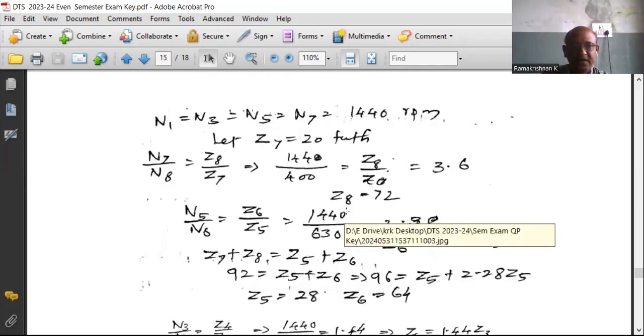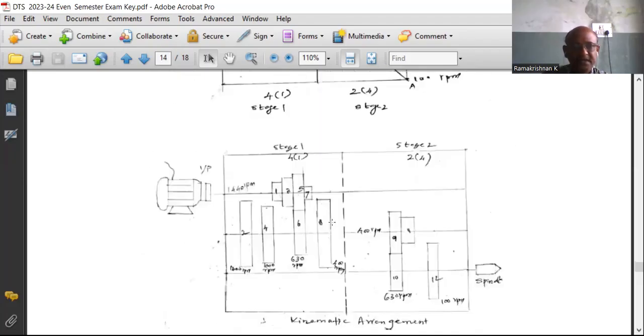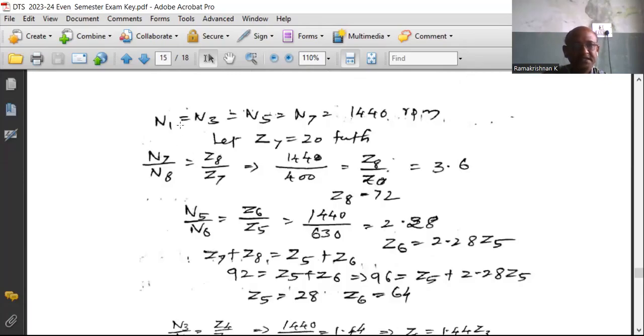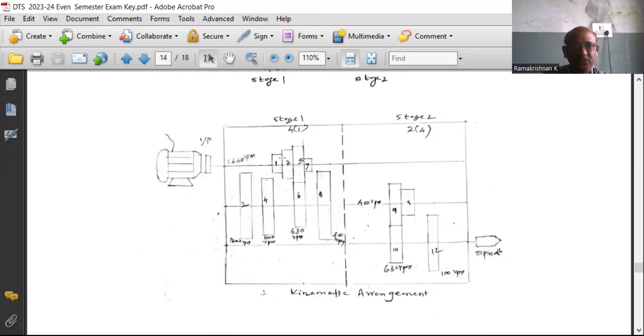Now we can have the next section, how to find out the number of teeth. As per the smallest gear it is 7. So for the smallest gear, let us assume the gear 7 has 20 teeth. Here the input speed is motor speed N1, N3, N5, N7.